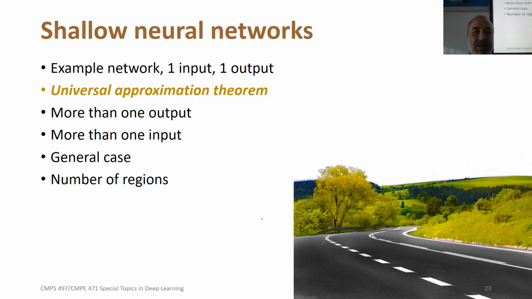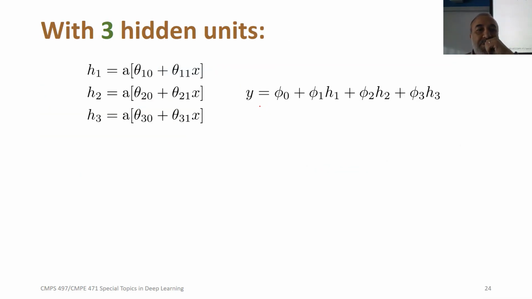Now let's talk about a very important property of neural networks in general. Not only shallow, but we'll talk about shallow now. It's called the universal approximation theorem. What do we mean by that? This is what we studied so far in the lecture. It has only 3 hidden units, right?